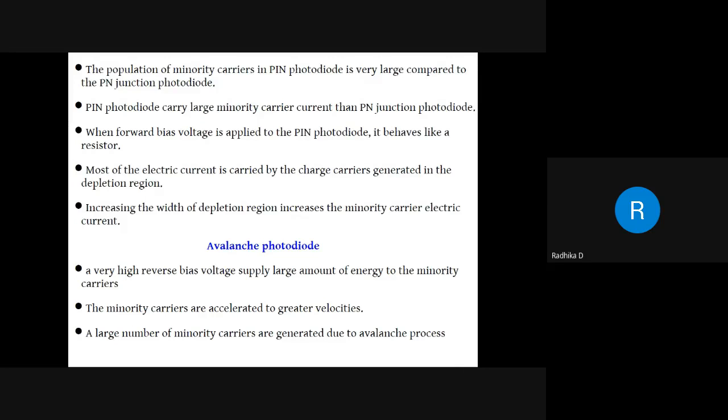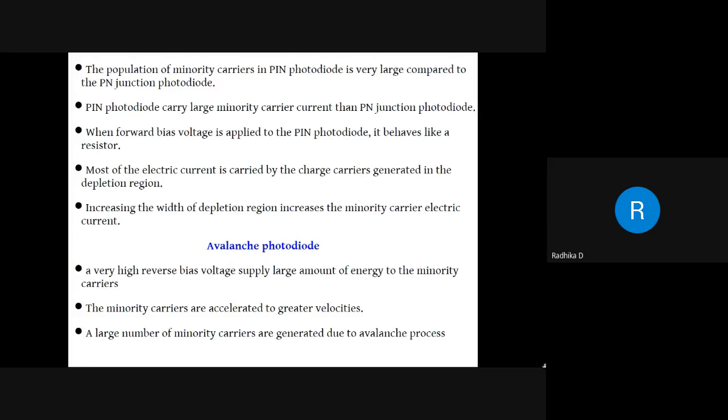Those new carriers will go and hit other ions and again produce new charge carriers. So a larger amount of current is being produced. In a similar way, you can produce more current in the avalanche photodiode. Exactly the same process.